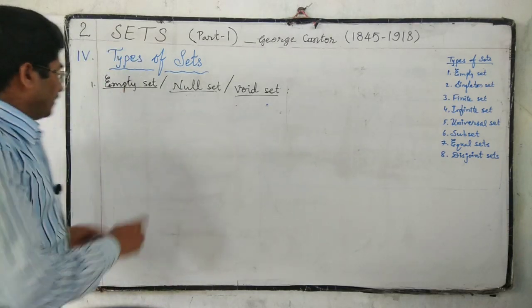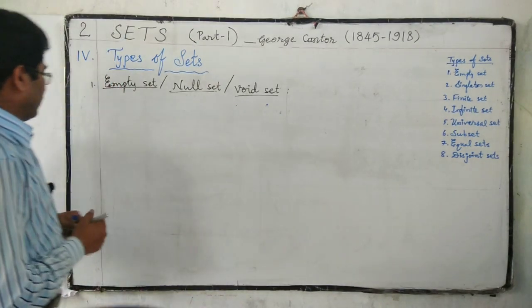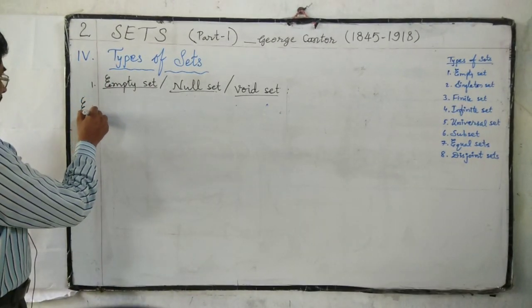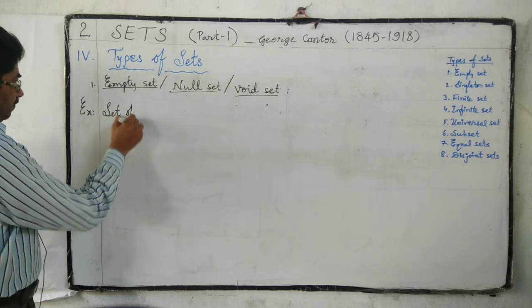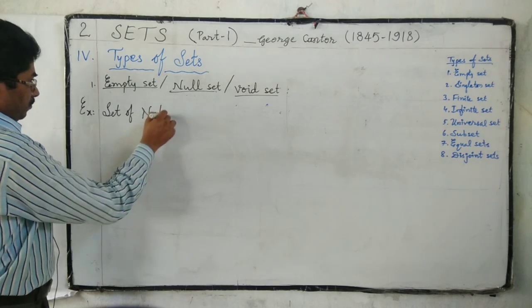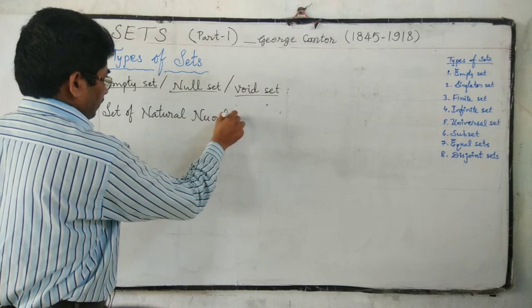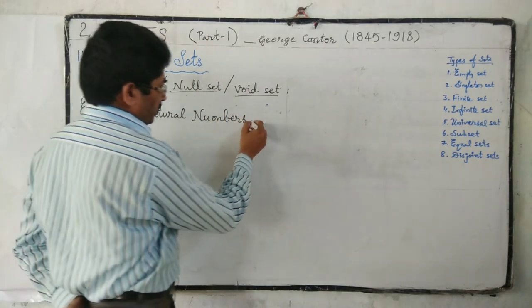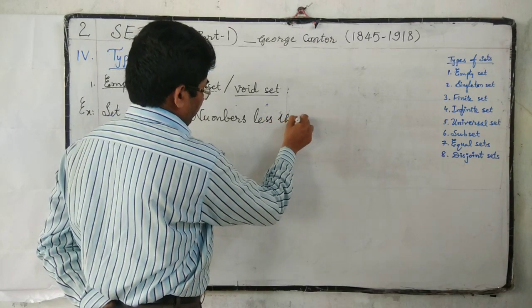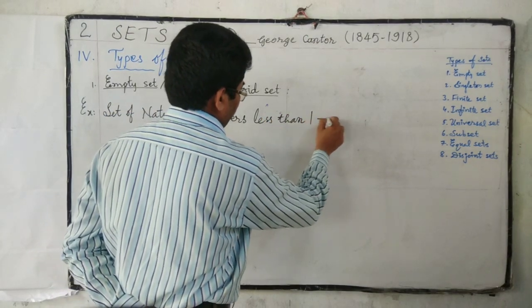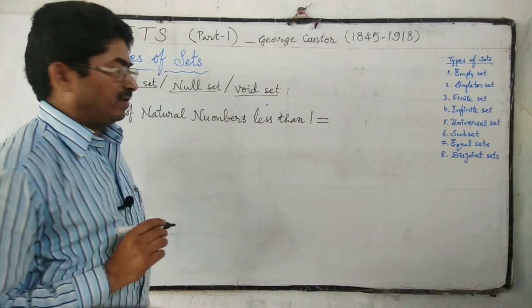For example, set of natural numbers less than 1.